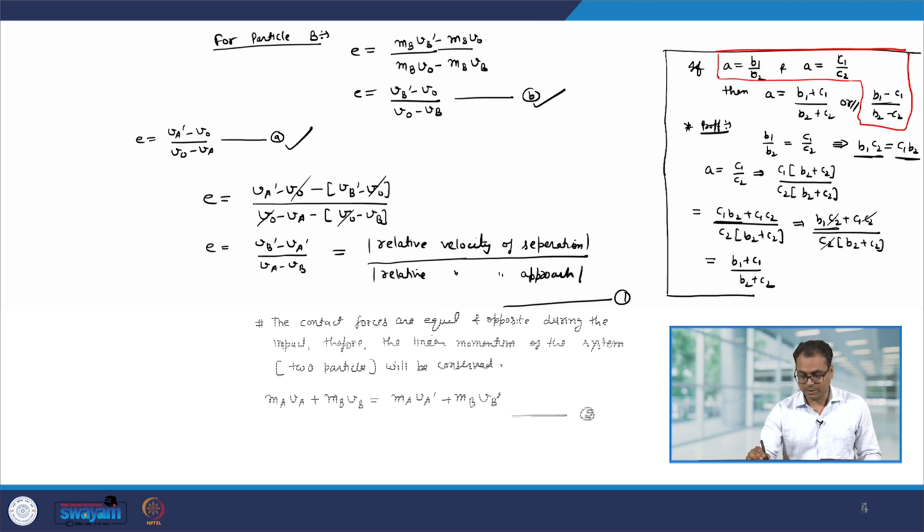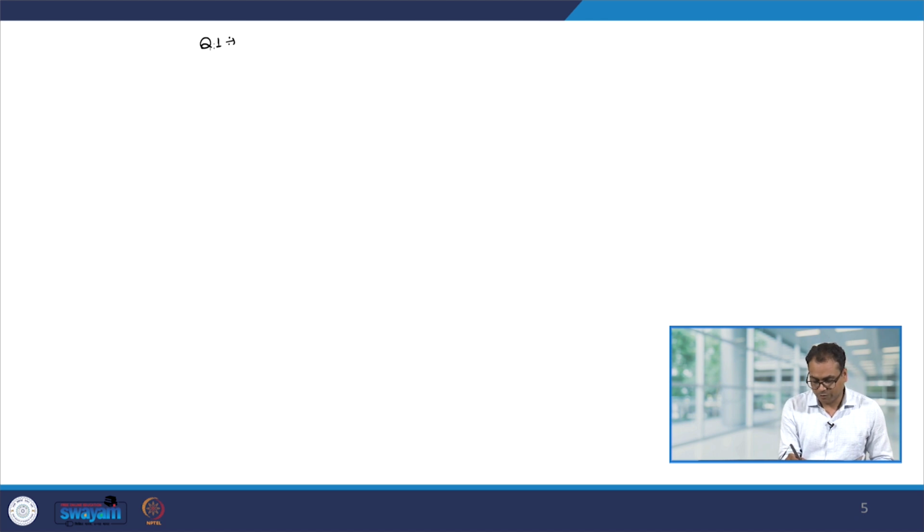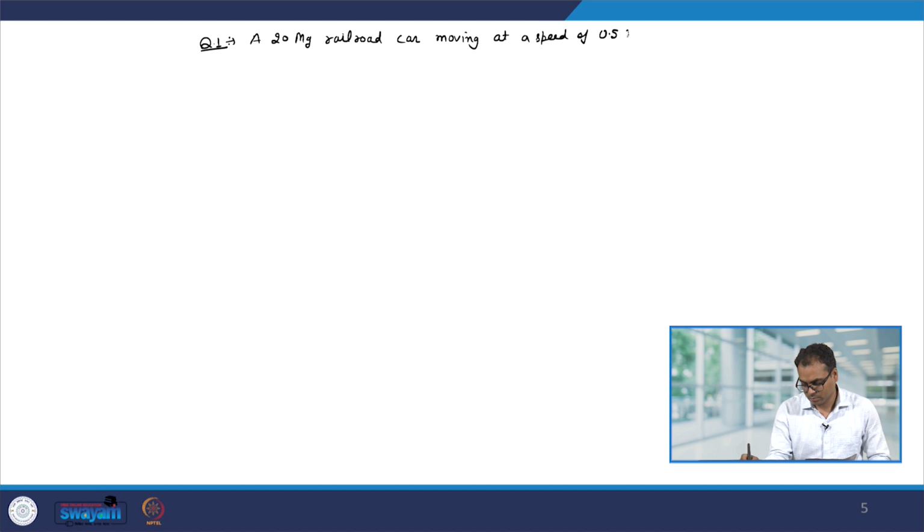Let us look at some of the examples based on this concept. So, this is the first problem statement. A 20 million gram railroad car moving at a speed of 0.5 meter per second to the right collides with a 35 million gram car at rest.